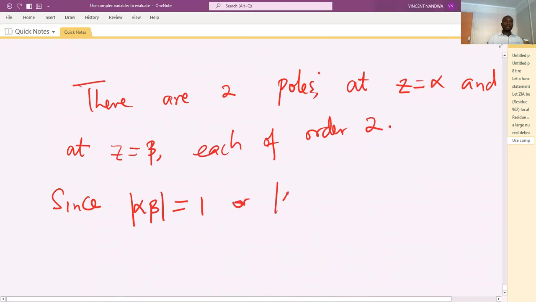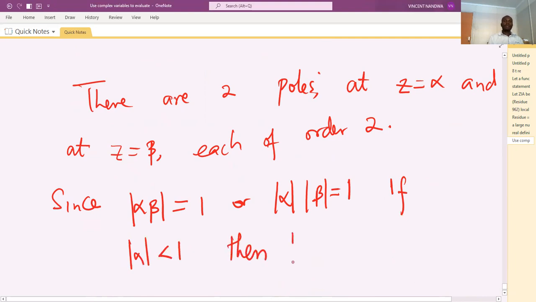alpha times beta equals 1. This is only true if the absolute value of alpha is less than 1, then the absolute value of beta must be greater than 1.